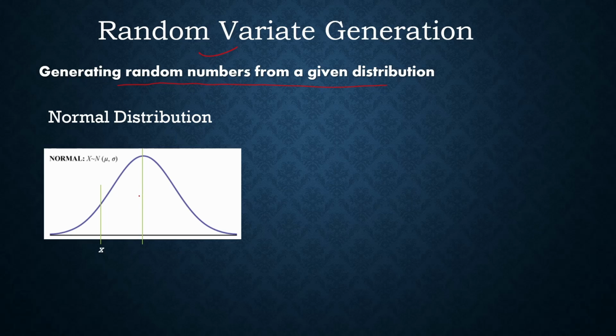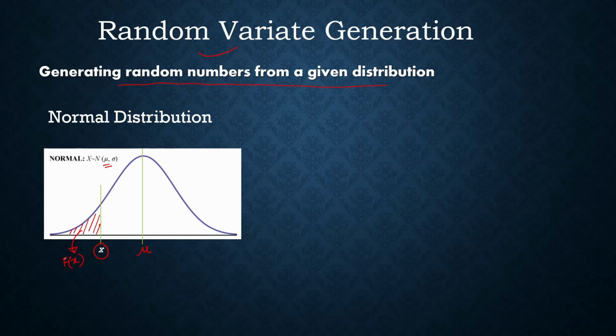For example, this is a normal distribution and this is your mean, mu, and suppose this is some point x value on the horizontal axis, and this will be your cumulative distribution value F(x).